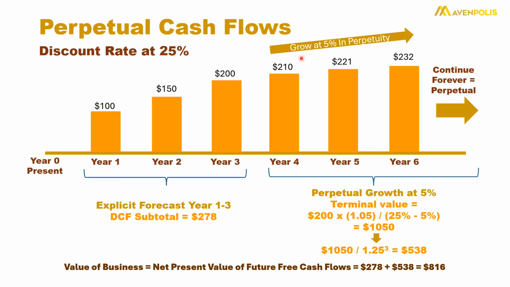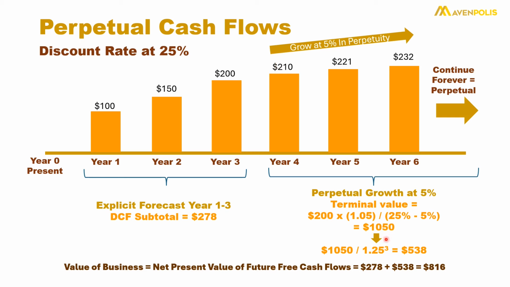To get the value of these cash flows that grow from year 4 to perpetuity, we use what is called the terminal value, and we will use this formula whereby you take the year 4 cash flow, which is 200 times 1.05, then you divide it by the discount rate minus the perpetual growth rate, which is 5%.